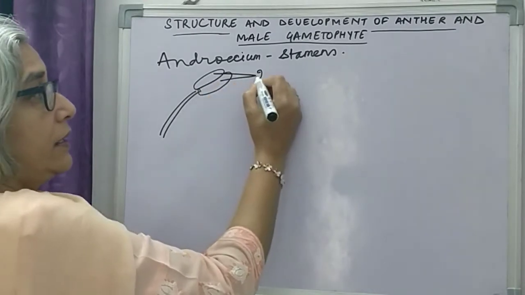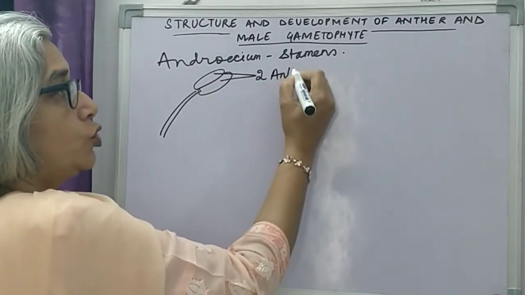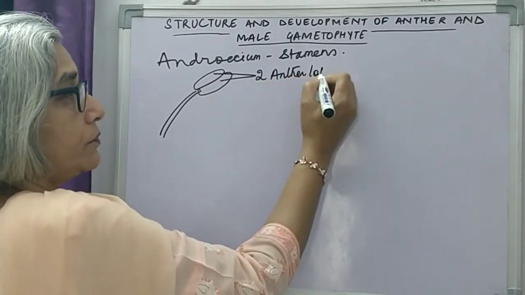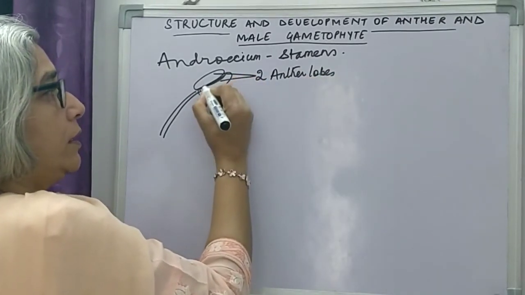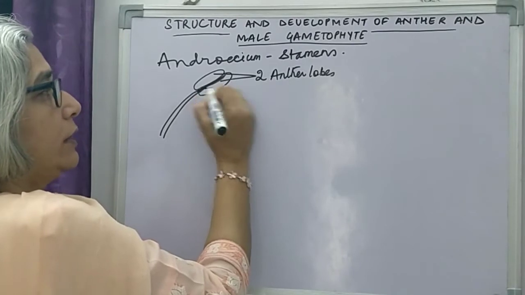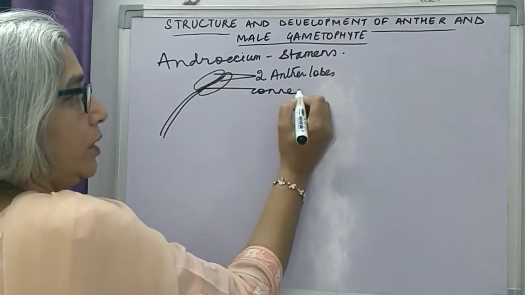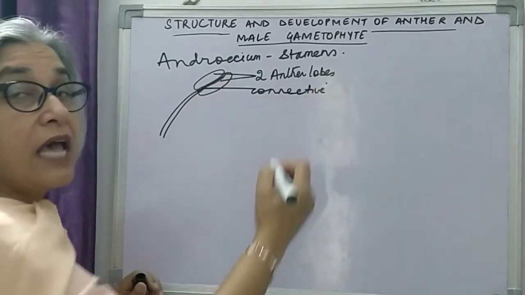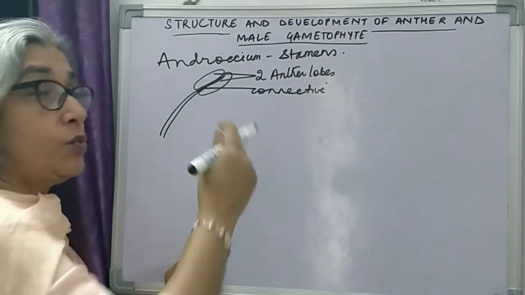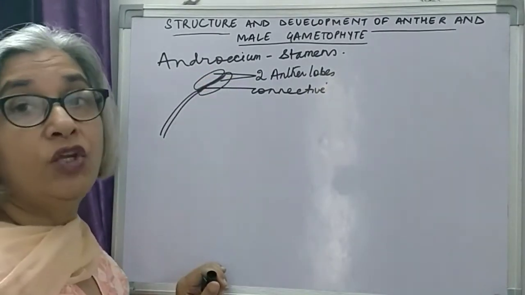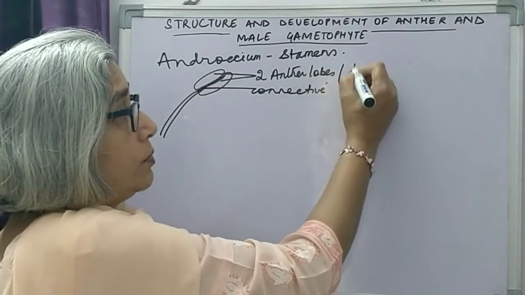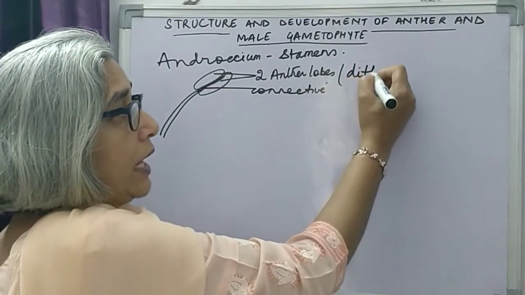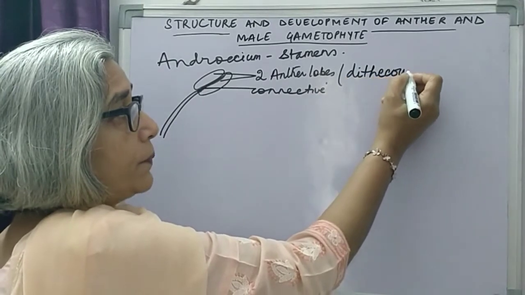This anther is made up of two lobes which are joined to each other by means of a connective. Now this connective is actually the vascular tissue which is supplying nutrients to the anther lobes. And to anther lobes we use the term dithecous for it.